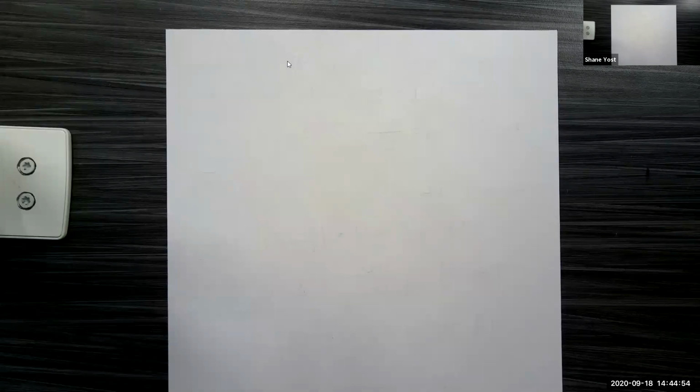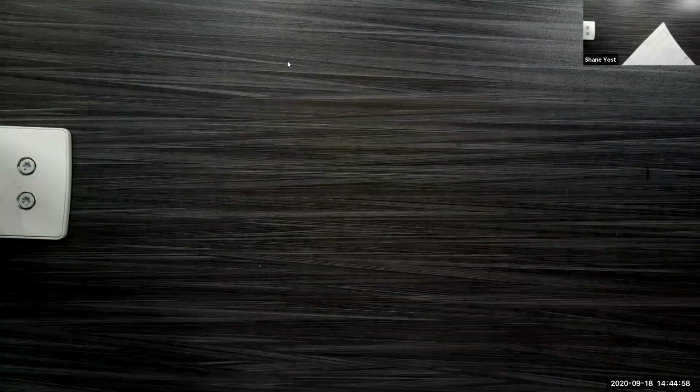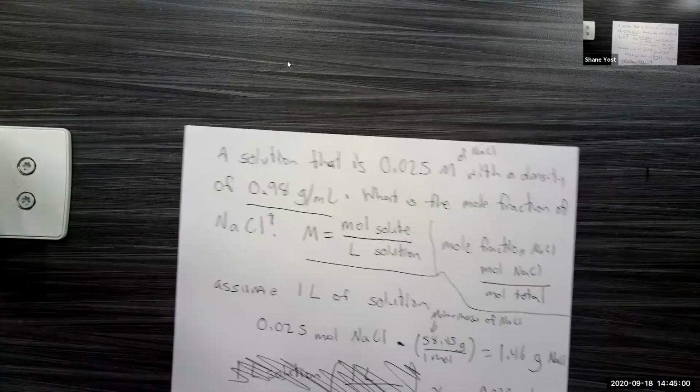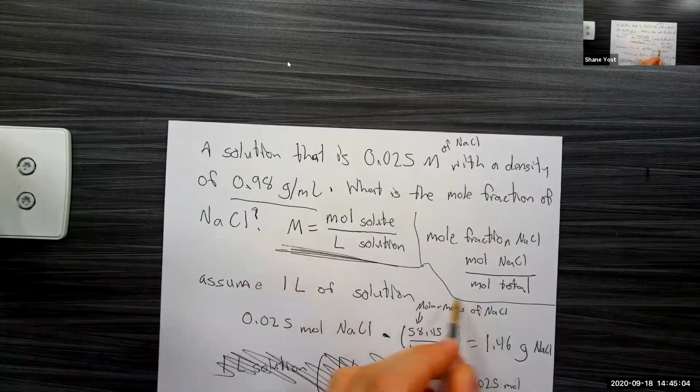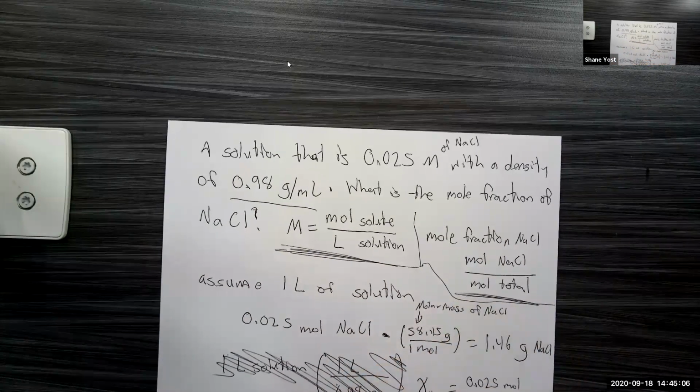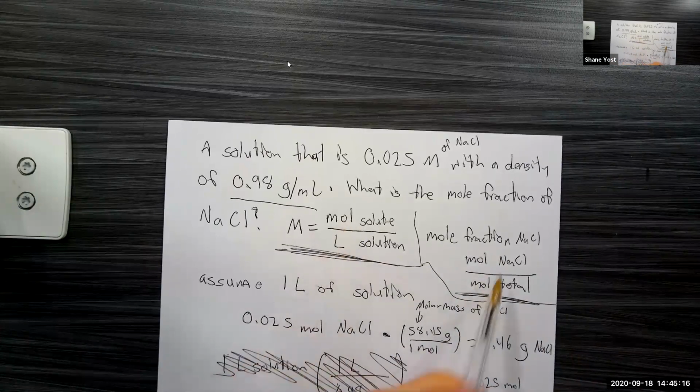I like to try to write down what information I know about the problem. So just as a review, in this problem, the very first thing I started with was writing down what is molarity and what is mole fraction, and then thinking about how I can get from one to the other now that I know what these definitions are.